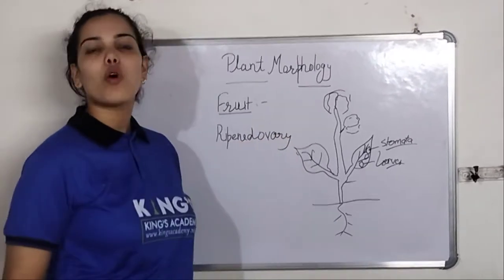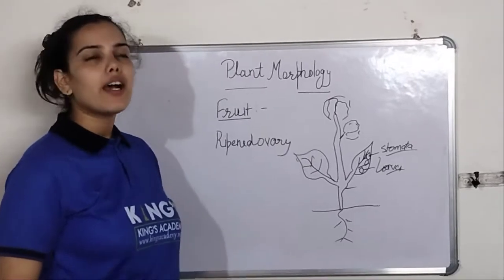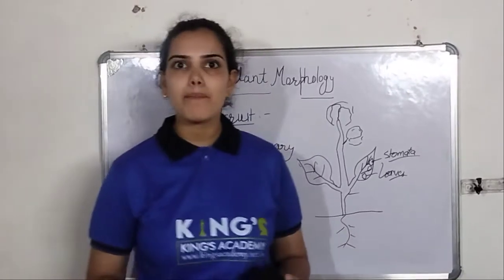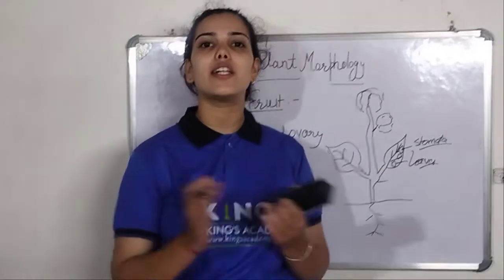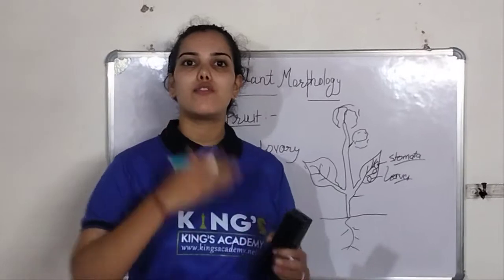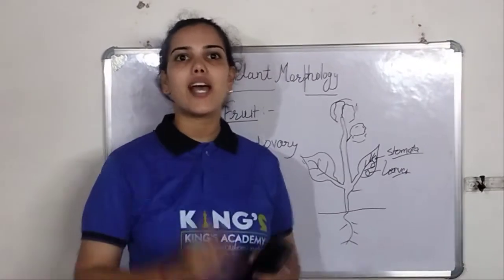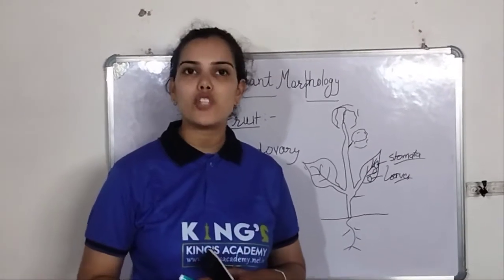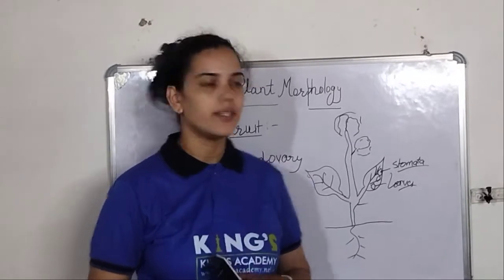In some plants there are cases where no fertilization exists, because the fruit forms directly from the ovary, and that process is known as parthenocarpy.